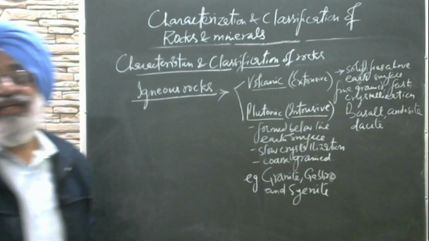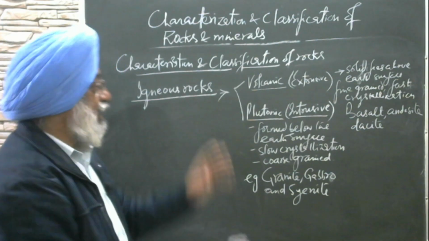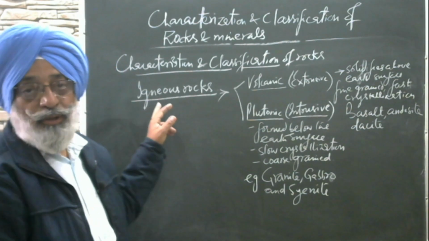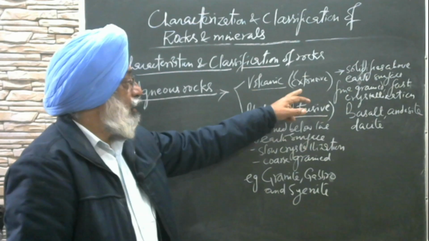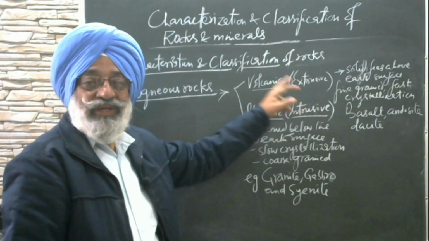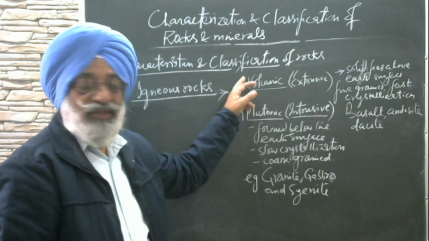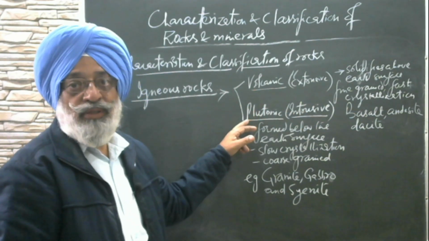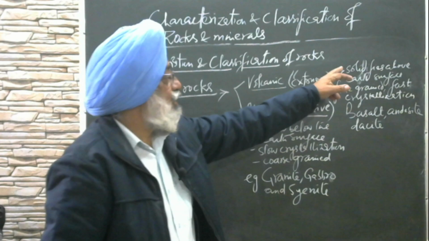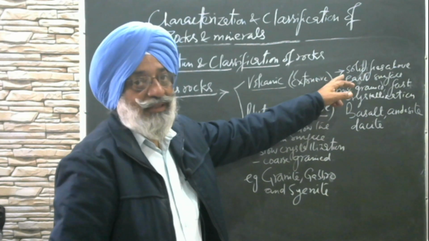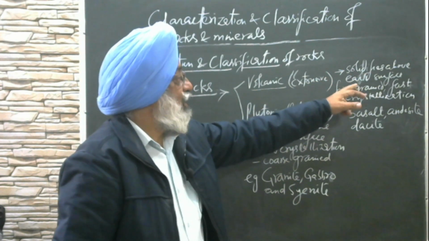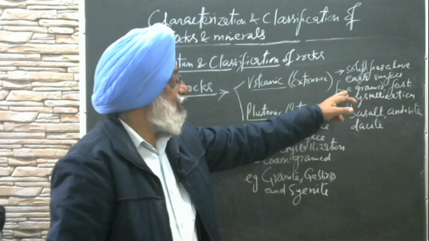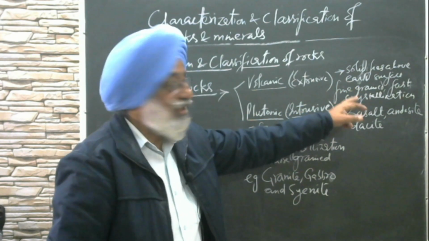So these are the examples of intrusive igneous rocks. So again I repeat, igneous rocks could be extrusive when these are developed from volcanic material. These could be intrusive when these are developed from plutonic material. In case of volcanic, these solidify above the earth's surface, fine grained, fast crystallization.